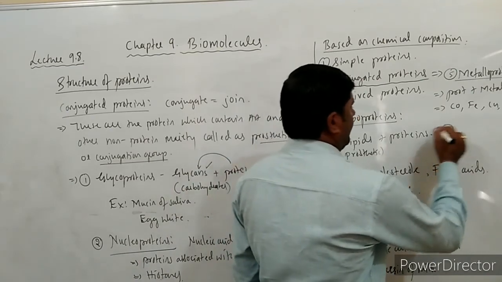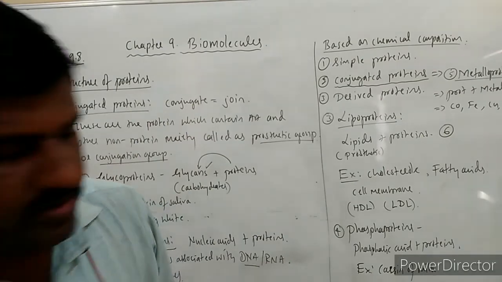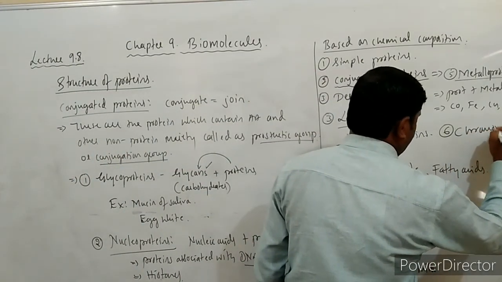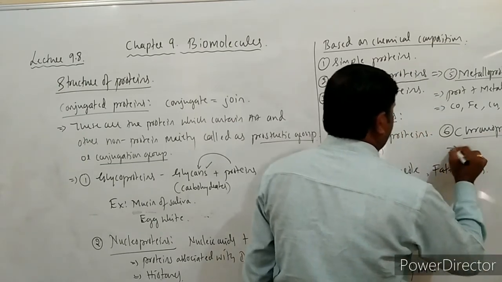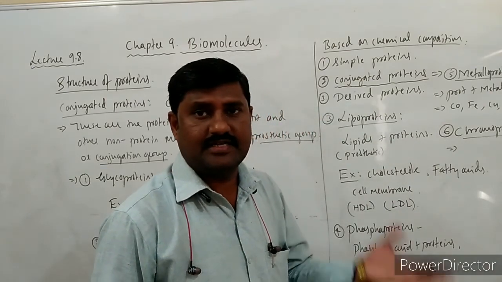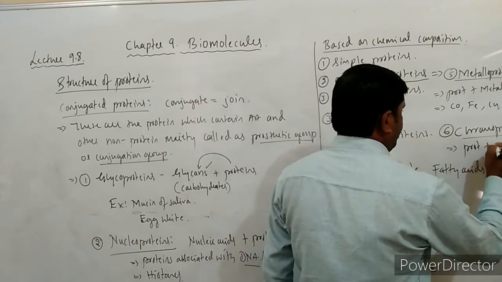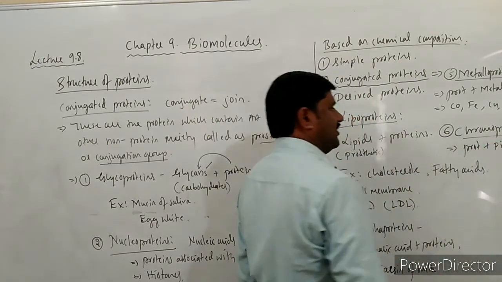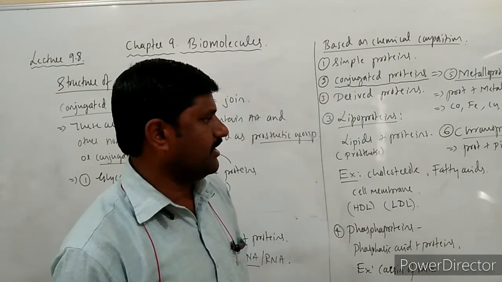The sixth one, very important, is chromoproteins. The name itself suggests: chromo stands for color, and color stands for pigments. Proteins associated with pigments are chromoproteins. Pigments are the prosthetic group here.